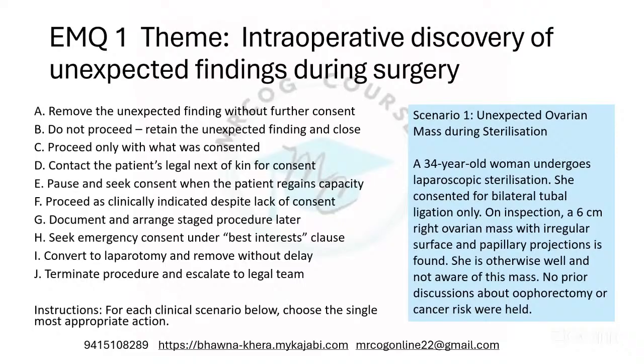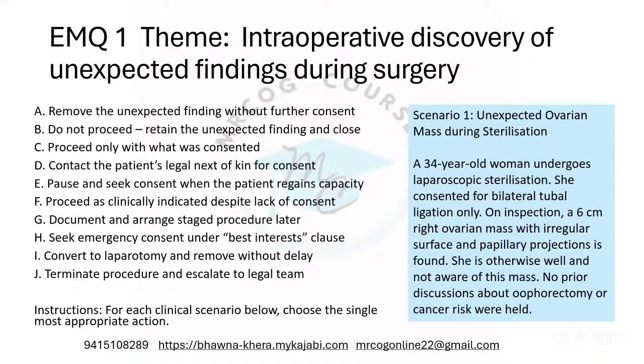this particular topic. So here is the first scenario. Unexpected ovarian mass during sterilization. A 34-year-old woman undergoes laparoscopic sterilization. She consented for the bilateral tubal ligation only. On inspection, a 6 centimeter right ovarian mass with irregular surface and papillary projections is found.